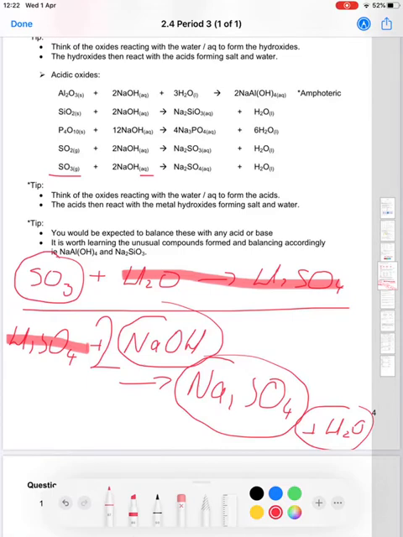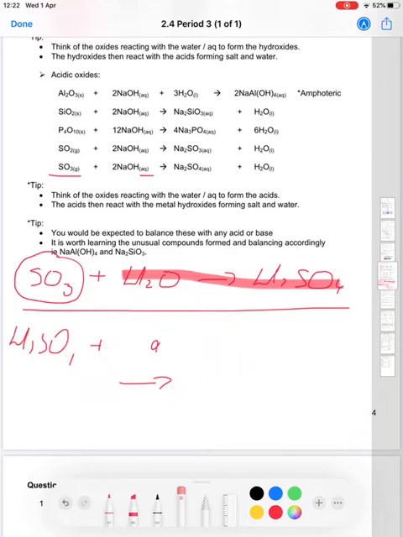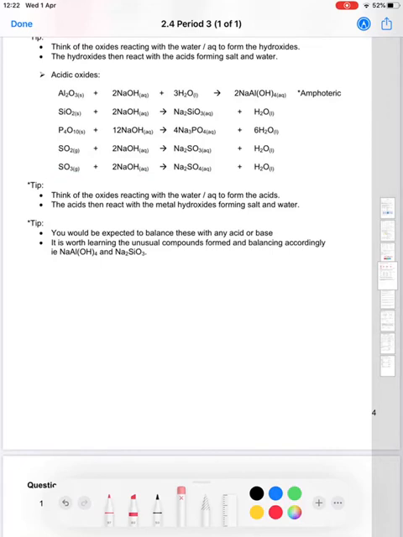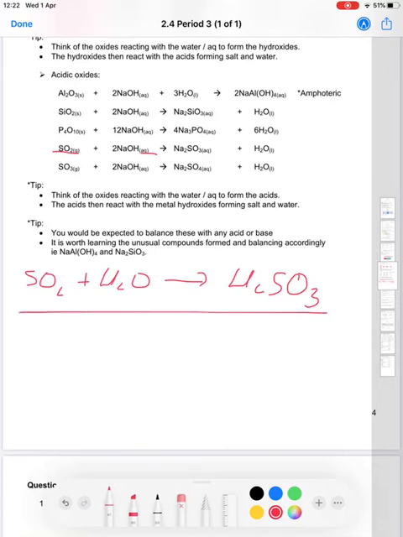I'll just get rid of all of that, so I've got room to jot everything down here. So we're going to look at SO2 next, and we're going to look at it in exactly the same way. In the previous section, if you remember, we said that SO2 will react with the water like this, which gives you H2SO3, and then once the acid has been formed, it will now react with the sodium hydroxide.